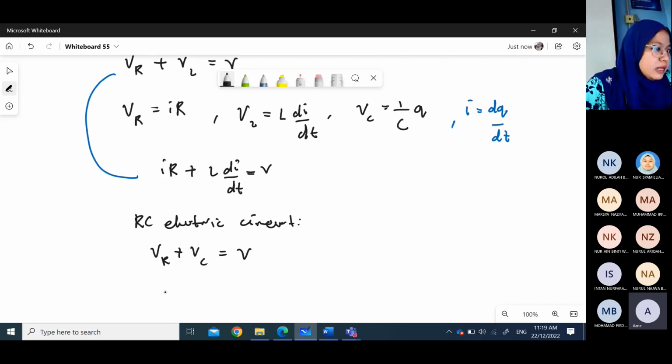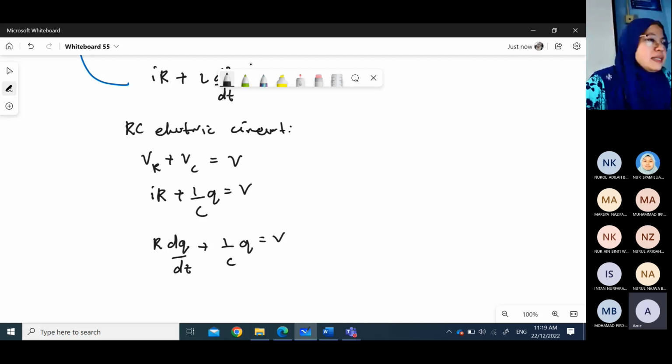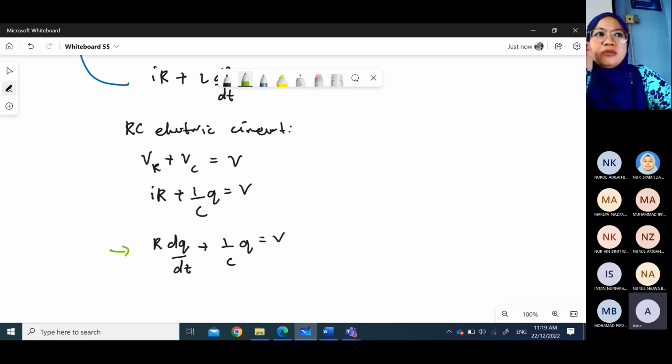So the equation will be IR plus 1 over C Q equal to V. Therefore the equation for the RC electric circuit will be R dq dt plus 1 over C Q equal to V. For this case we concern on the charge at any time t, which is Q of t.